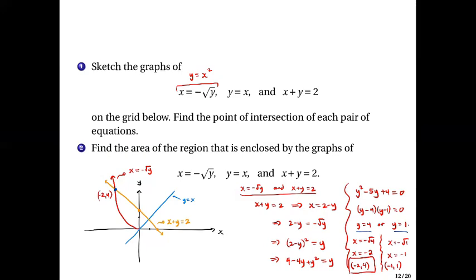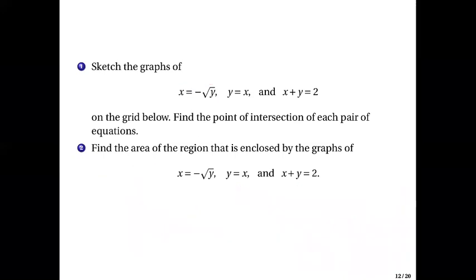Now, let us consider the pair y equals x and x equals negative square root of y. So let me go to the next page first.